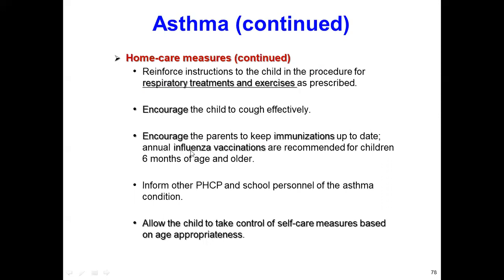Also, an annual influenza vaccine is recommended for children 6 months of age or older. Inform other healthcare providers and school personnel of the asthma control. Allow the child to take control of self-care measures as appropriate.